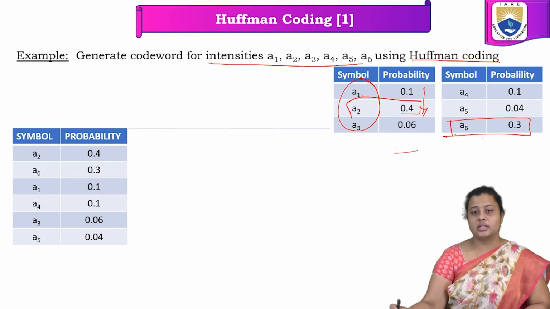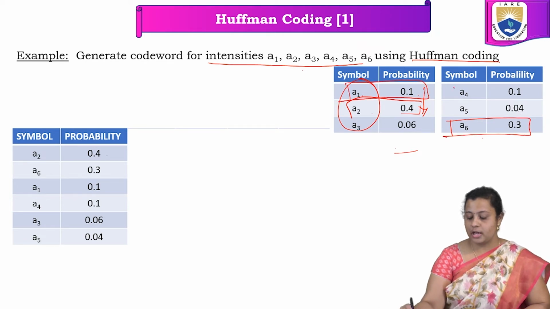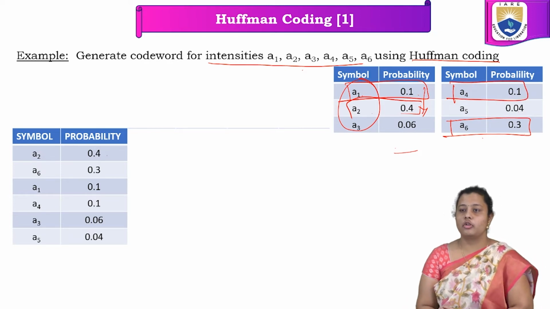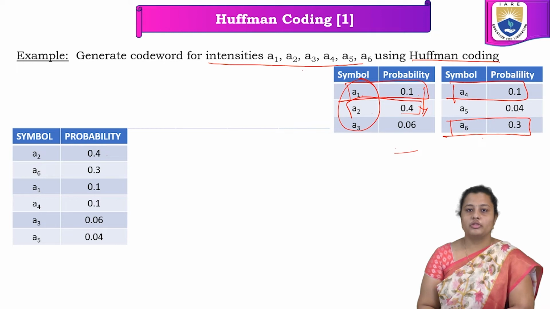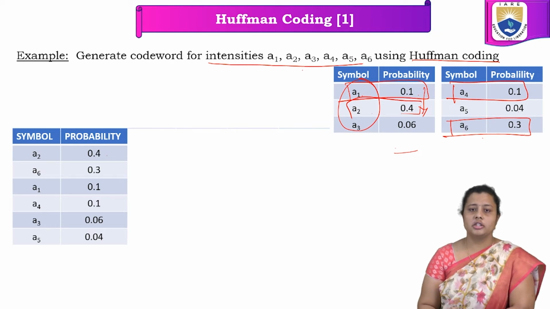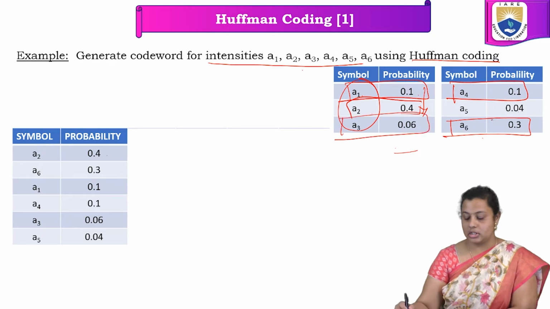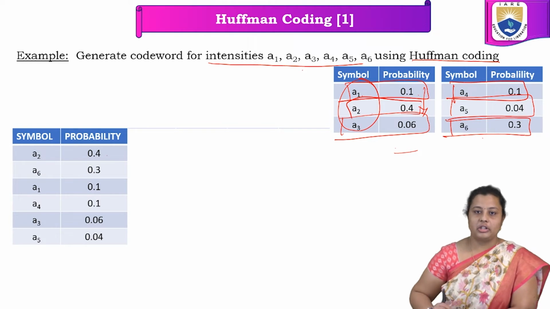Then A1 is 0.1 and A4 is also 0.1. Which should be placed first is your choice; either A1 or A4 can be placed first. Next comes A3, which is 0.06, and then A5, which is 0.04.